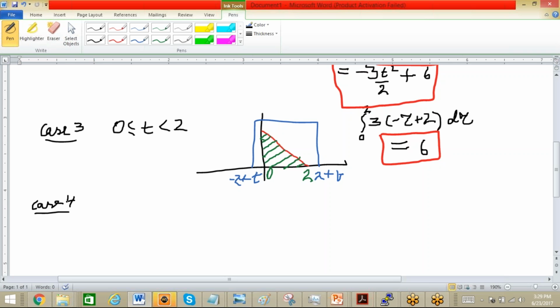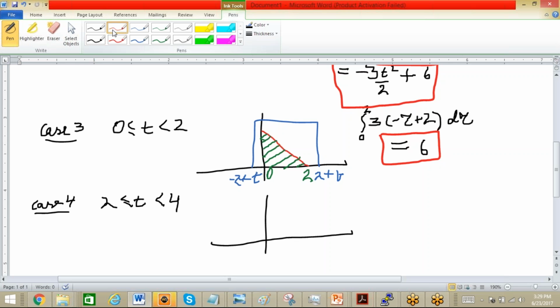Case number 4, under this case, we can extend our limit to something like, let's say, 2 is less than or equal to t, and this t is less than 4. Right? These are the hard-coded values. Let me plot the graph for the same.